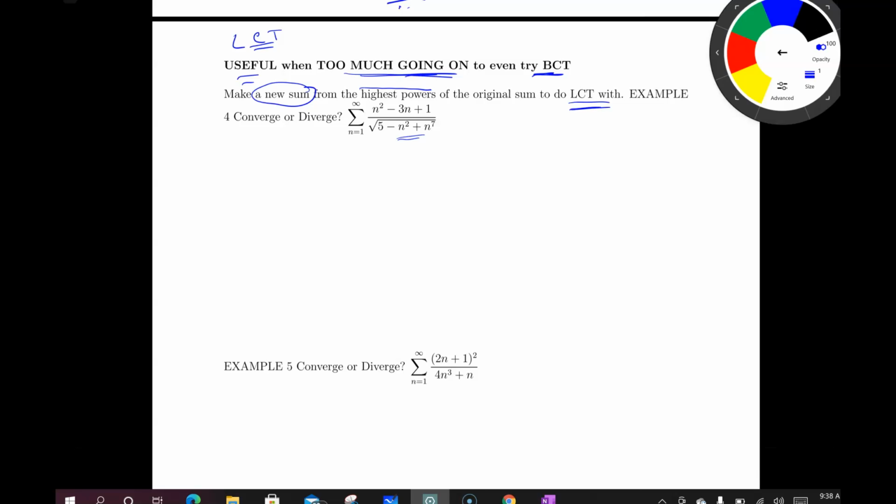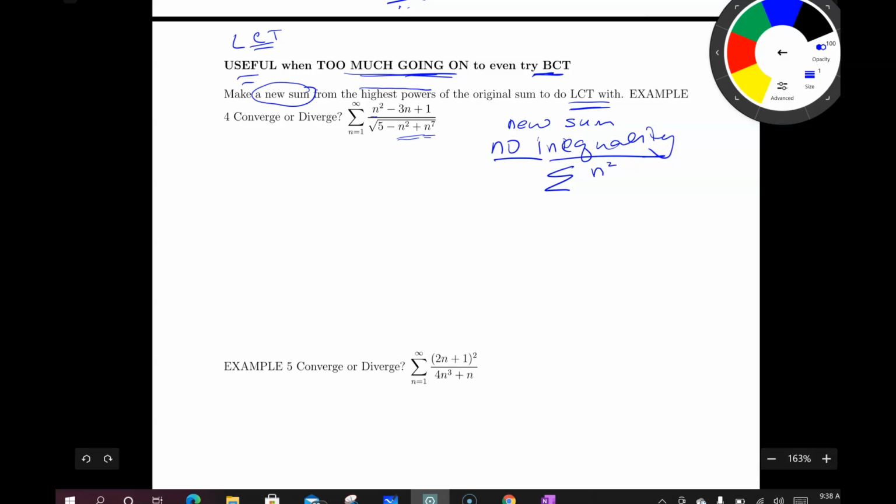Because I have to have another sum that I know what it does to take the limit of for the limit comparison test. All right, so let's make up my new sum. With this new sum, there is no inequality going on. No inequality, I'm just making up a new sum. From the highest powers in the numerator, I get n squared.